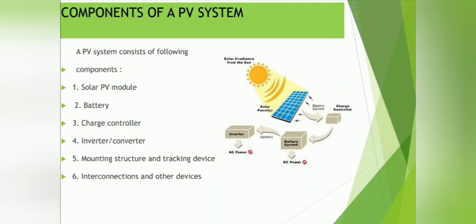Because of the conversion, we get electric current directly, and it goes into the charge controller. After that it supplies DC power to the battery system, and then the inverter converts it into AC power so that it can be used.